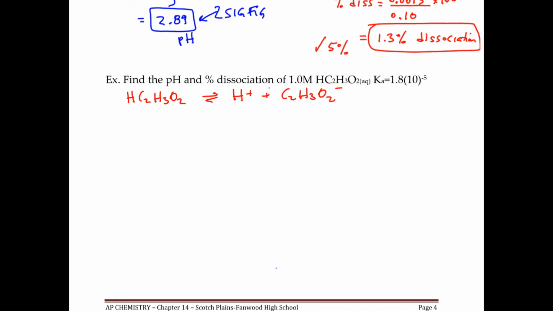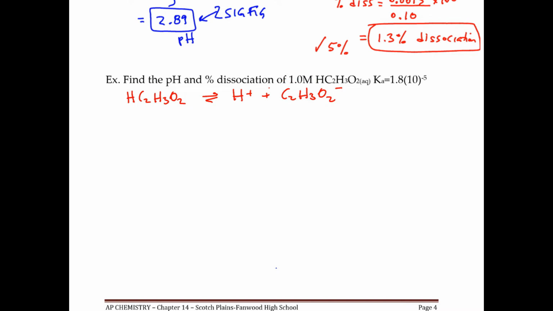Now this time they're telling us the Ka, and they're telling us the molarity, and we're trying to find the pH and the dissociation. It's the same exact problem actually, but now we're starting with a 1 molar. So this is a 1 molar as opposed to the 0.1 molar.